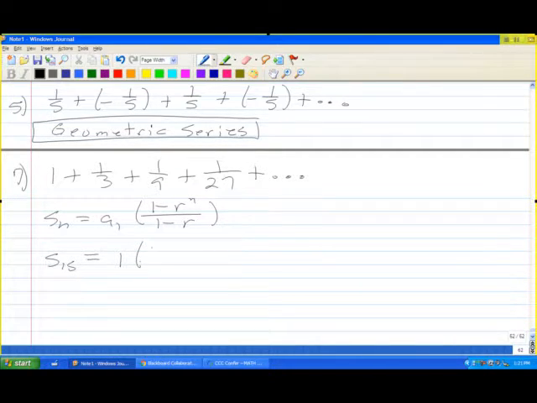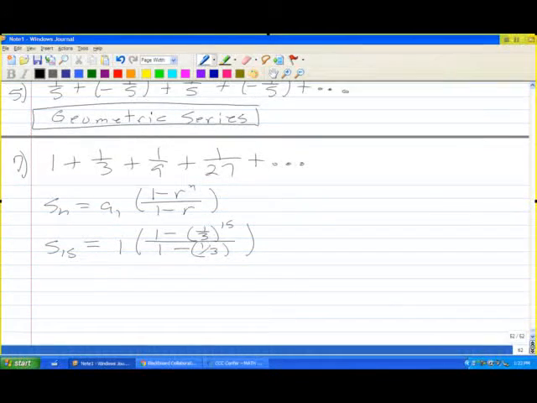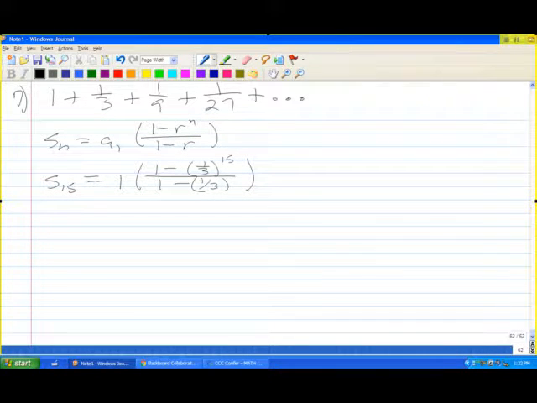The common ratio is 1/3. And I want to add up the first 15 terms. And so let me do that.